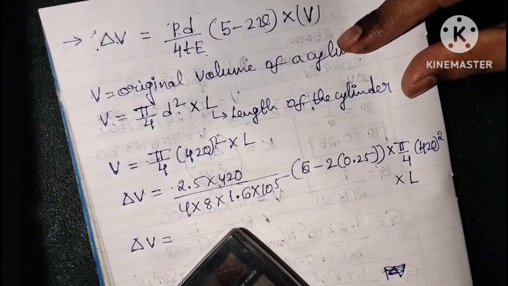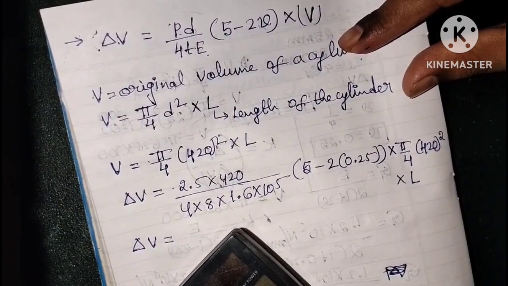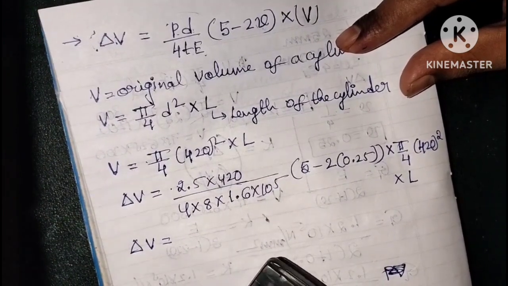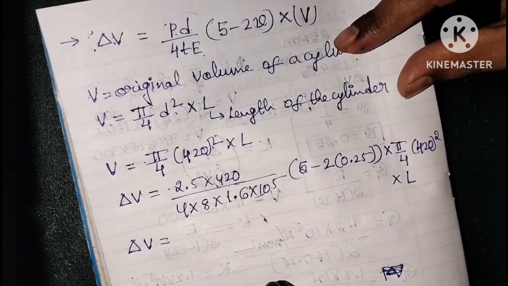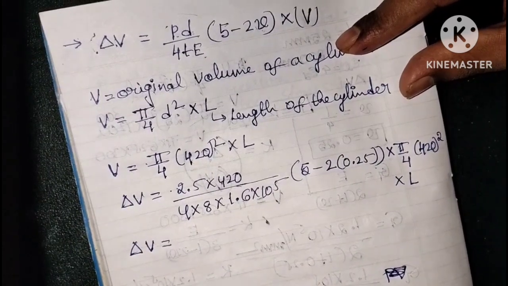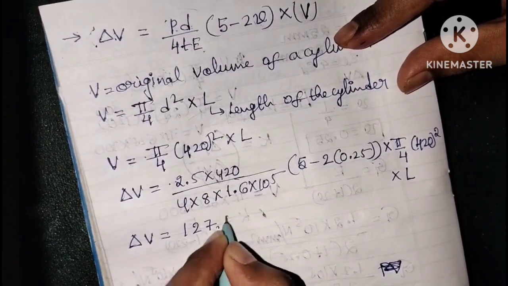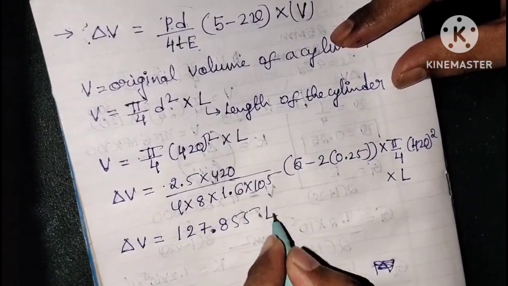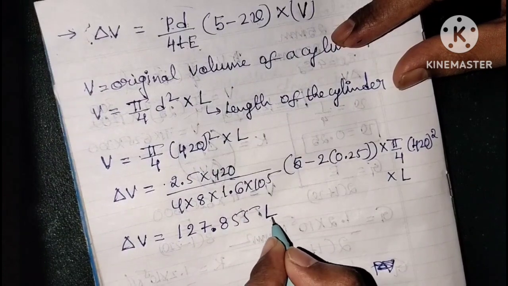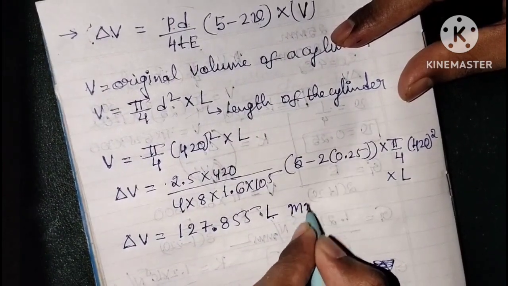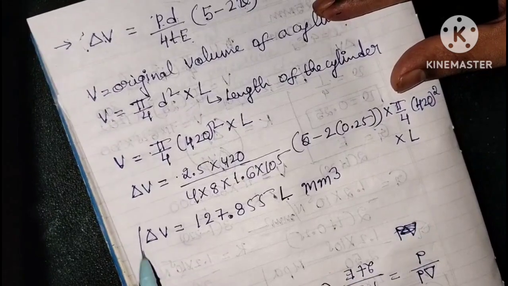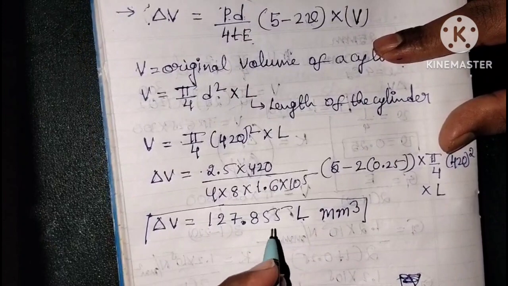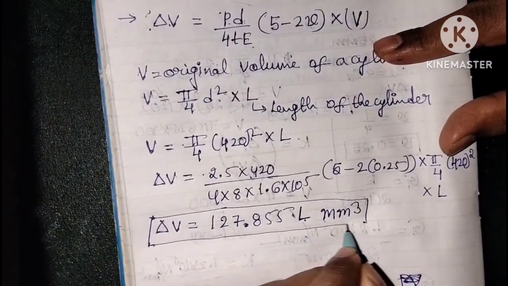So 5 minus 0.5 is 4.5. So the final answer will be 127.855 into L. If you consider length in mm, the answer will be in mm cube. Here L is the length of the cylinder.